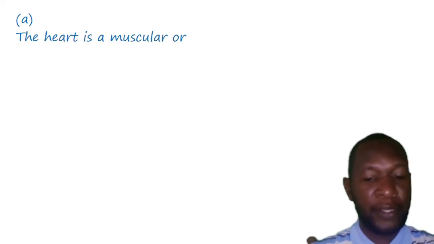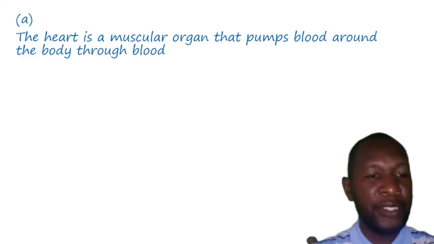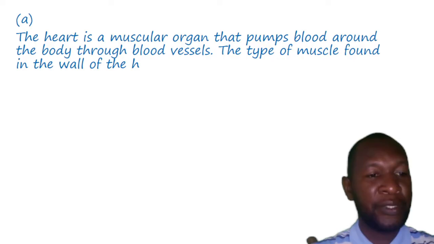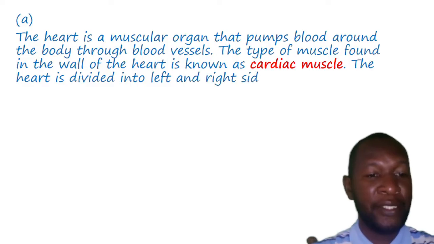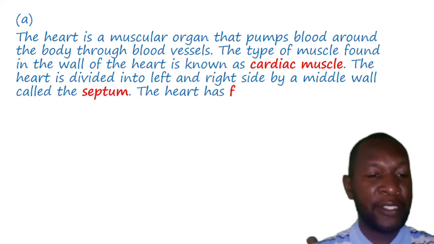Part A. The heart is a muscular organ that pumps blood around the body through blood vessels. The type of muscle found in the walls of the heart is known as cardiac muscle. The heart is divided into left and right sides by a middle wall called the septum.